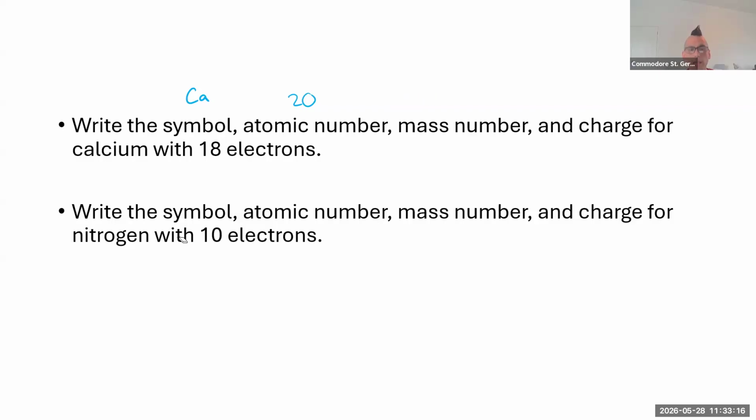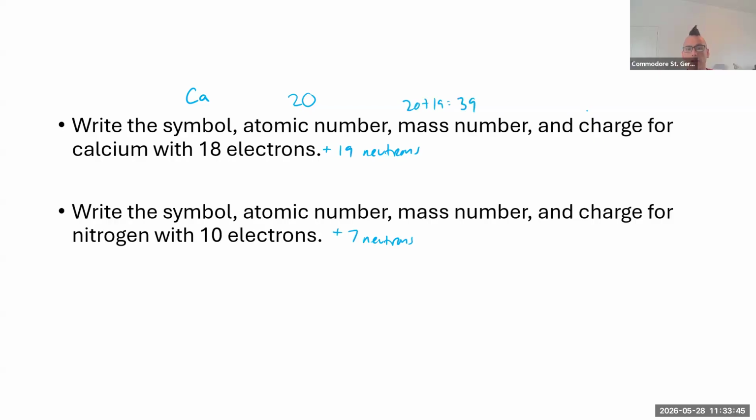Actually, I didn't give you the neutrons, so let's say 19 neutrons. All right, so mass number is 20 plus 19.